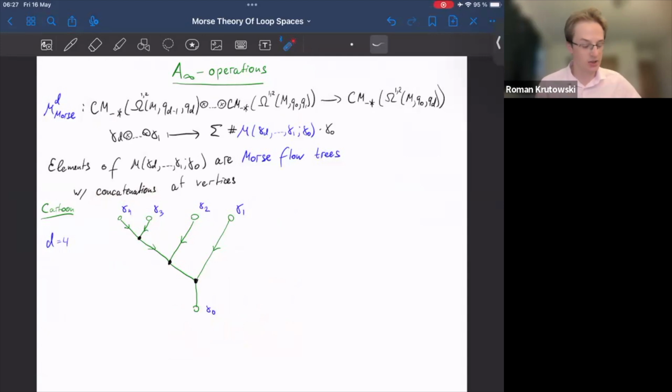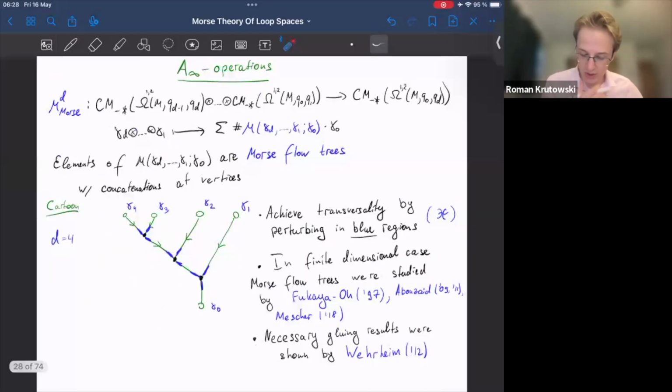I have to say it's actually weighted concatenations, and weights are assigned in a certain way based off the lengths of the internal edges. So these internal edges have some length, and it tells how much you flow from here to here. And this is a cartoon of, per se, a mu4 operation.